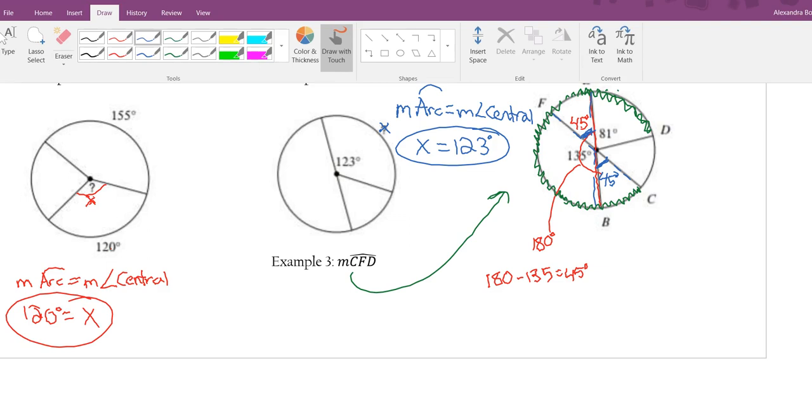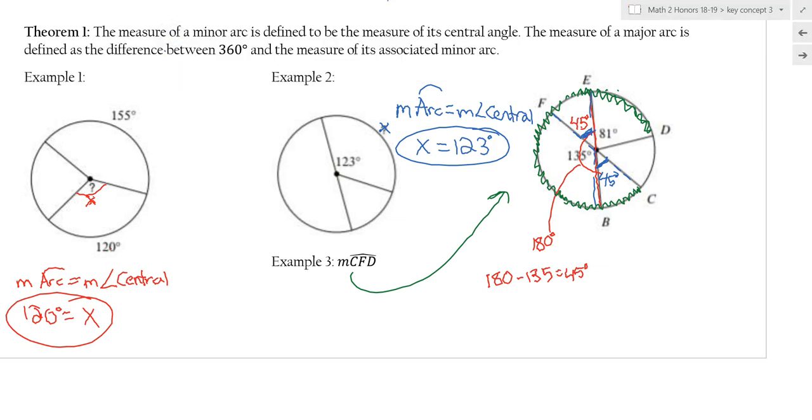So now, I should be able to find this whole angle by adding everything up. I have 81 plus 45 plus 135 plus 45 equals, that's 180, so that's going to be 261, 306 degrees.